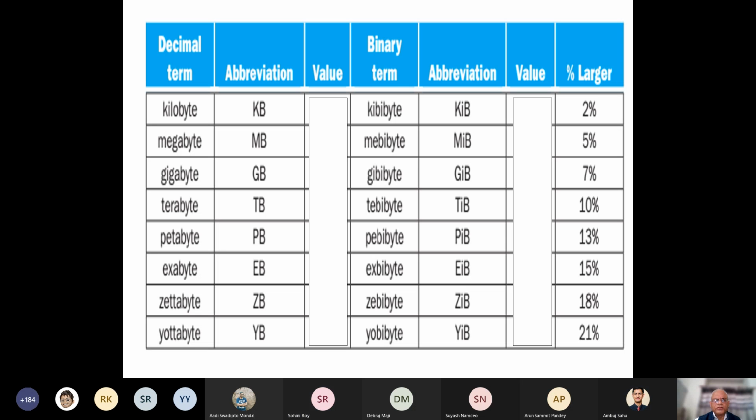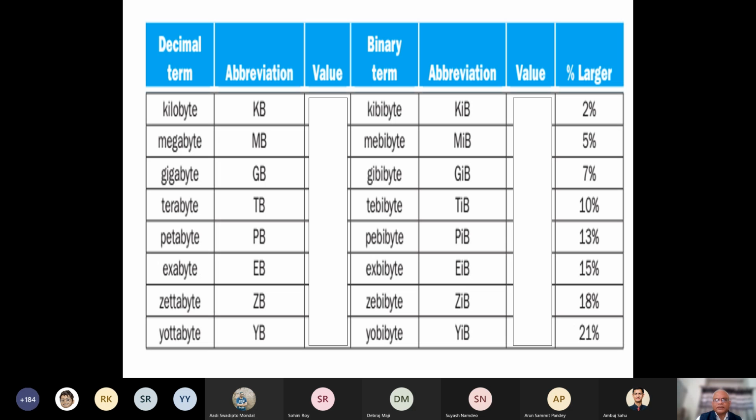But for those who don't know, originally kilo, mega, giga, tera, peta, etc. are used with decimal base: 10 to the power 3, 10 to the power 6. And let me just tell you one incident. I was invigilating one exam here in IIT, not this course but another course, and there was a question on gigabyte.